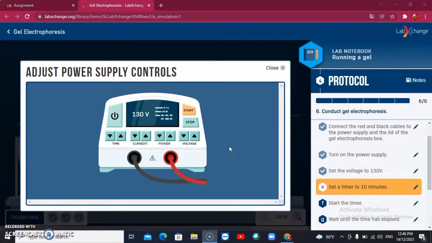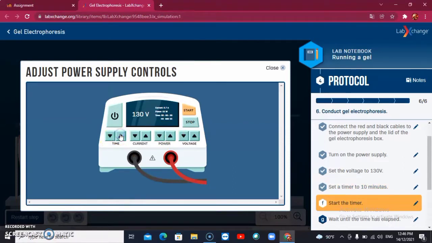Set the timer to 10 minutes. Start the timer.